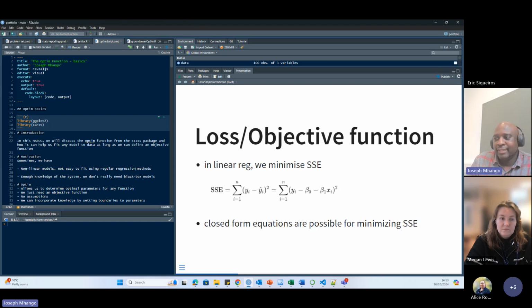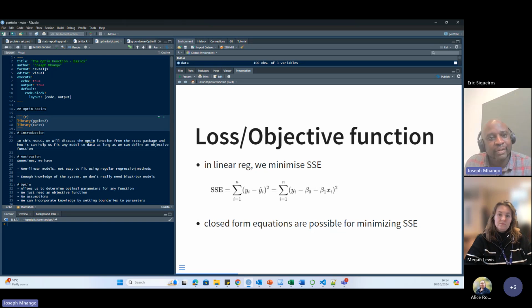So this is the objective function, and that's how it works. For linear models, obviously, if you use the LM function, underneath this function has been defined for you, and you minimize it and you find your equation and you go away.